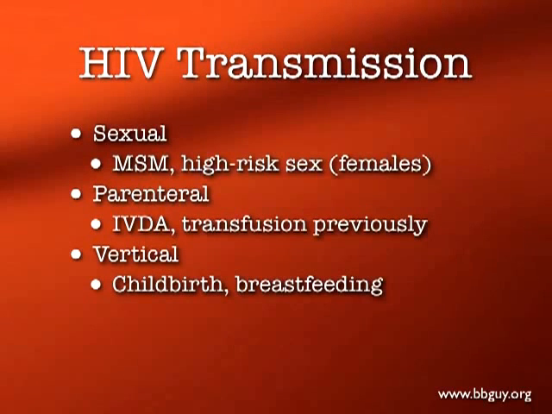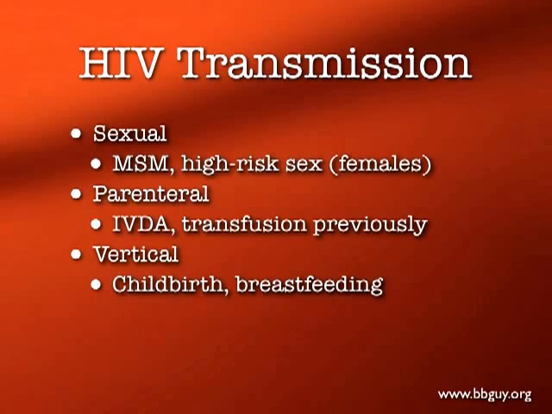Transmission of HIV is sexual, as we're all well aware. The group in general with the highest incidence of HIV is male individuals who have had sex with other males, as well as high-risk females who have had high-risk sex, whether that's with males who have had sex with other males or multiple partners.